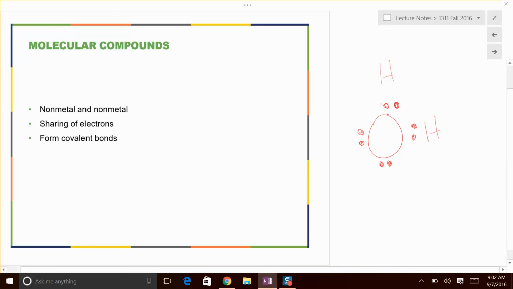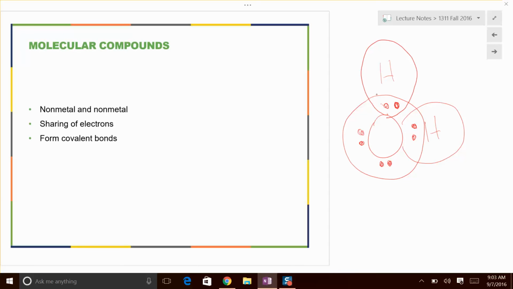These electrons are orbiting hydrogen and they are orbiting oxygen. How many valence electrons does oxygen have there? Eight. It now has eight, which is what it wants. How many valence electrons does each hydrogen have?